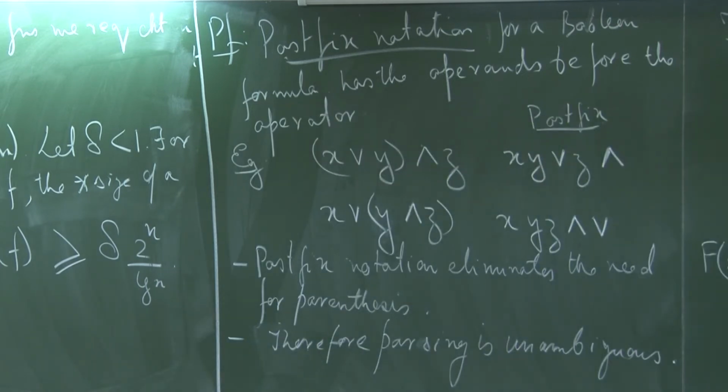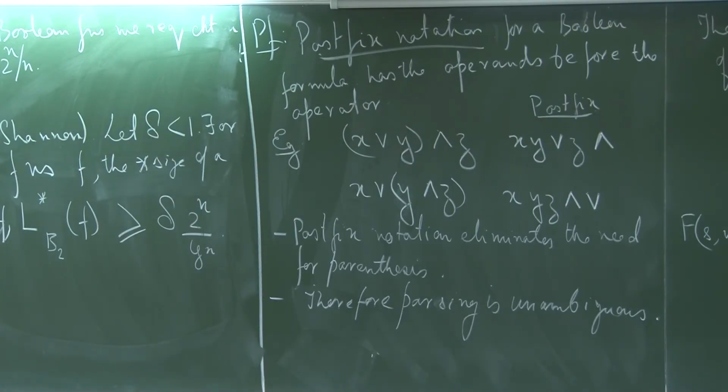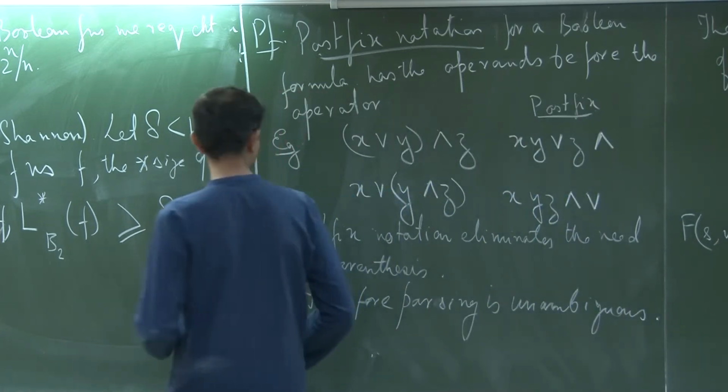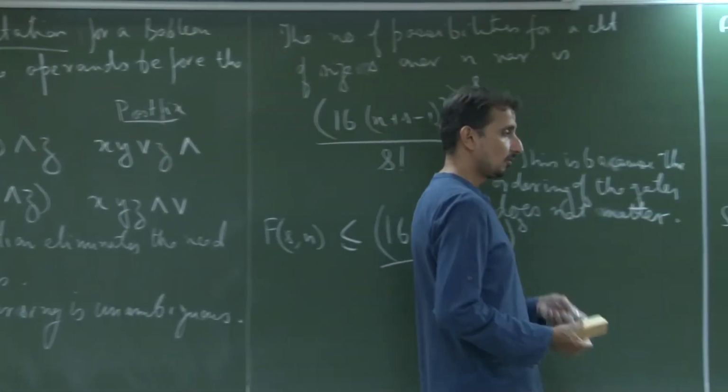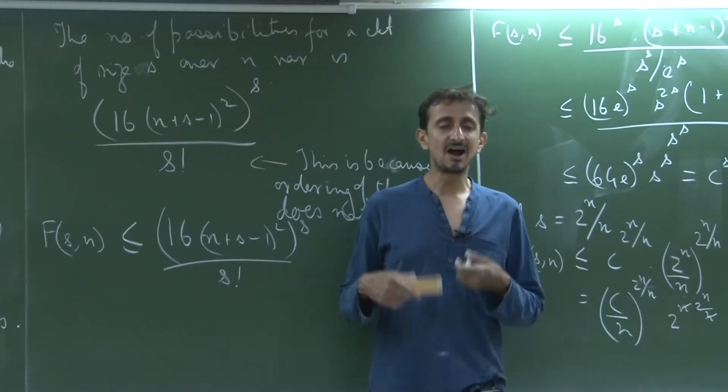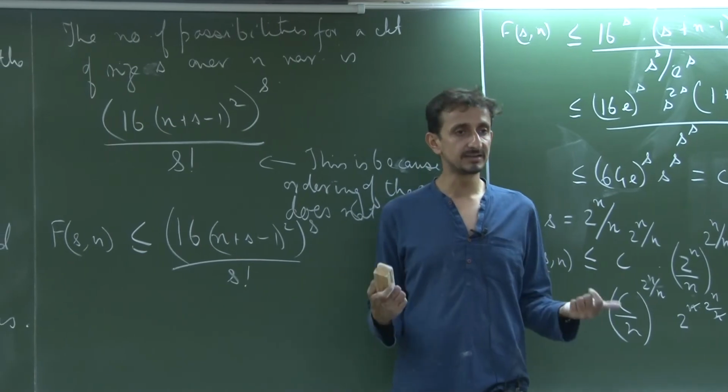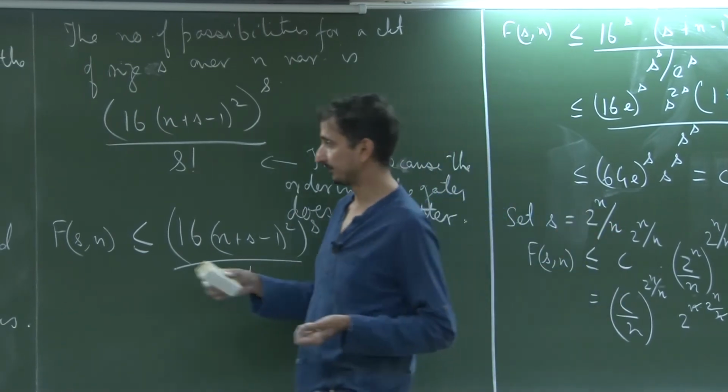So, why are we looking at postfix notation? The reason is that what we will count is, for a Boolean formula of a fixed size, how many different postfix notations there are.